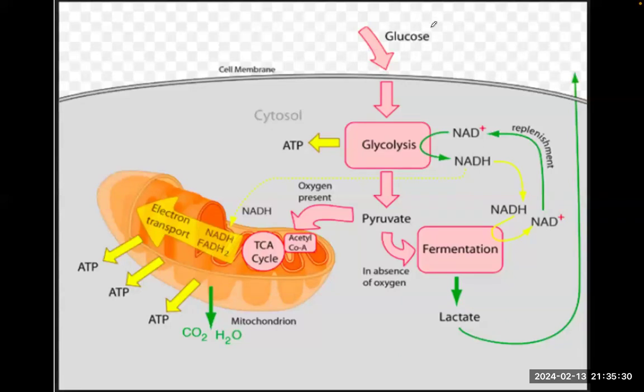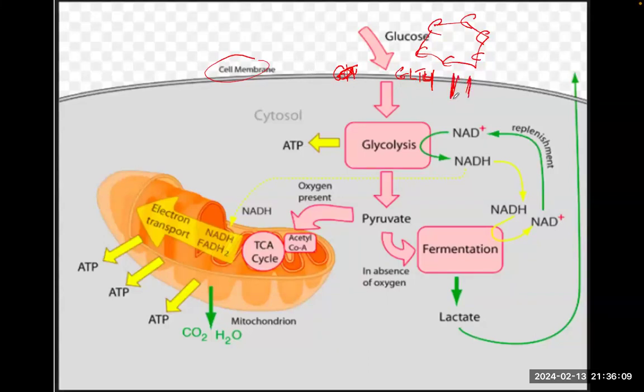So here we have glucose. This is the cell membrane right here. Here's glucose. We know it's a 6-carbon sugar. It enters the cell. It enters the cell through what we call a GLUT4 transporter, and it's like a doorway, right?